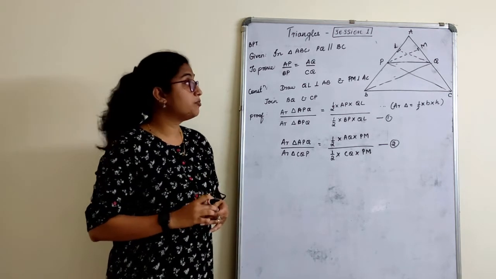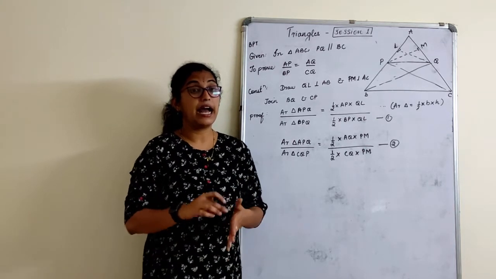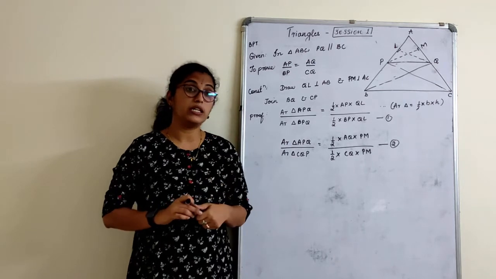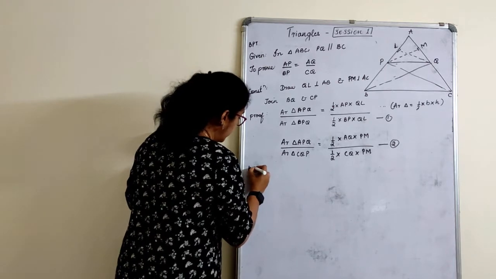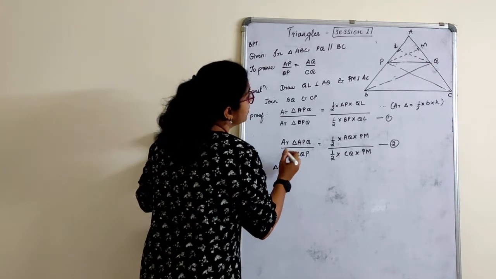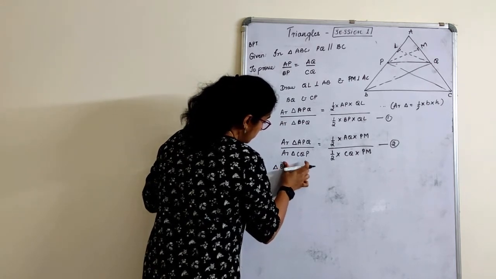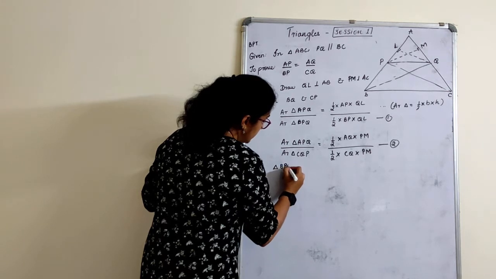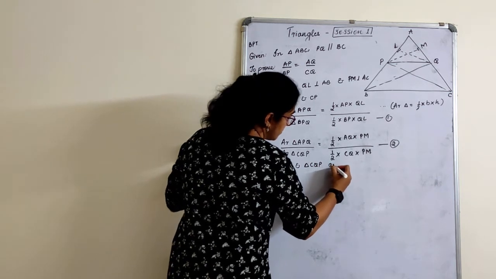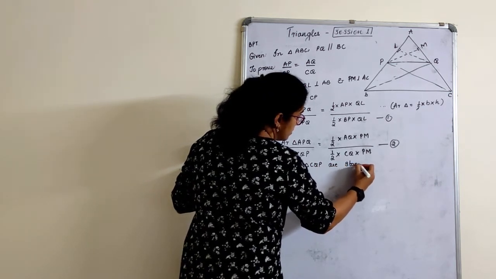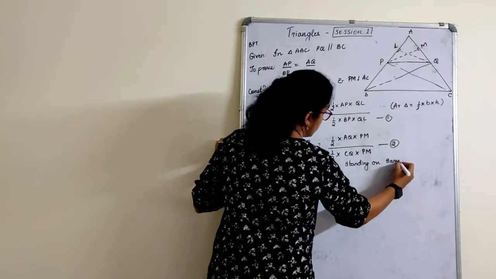Try to recall, last year you had done one theorem: triangles standing on the same base and between the same parallels are equal in area. So which triangles here are standing on the same base? We know that triangle BPQ and triangle CQP are standing on the same base.